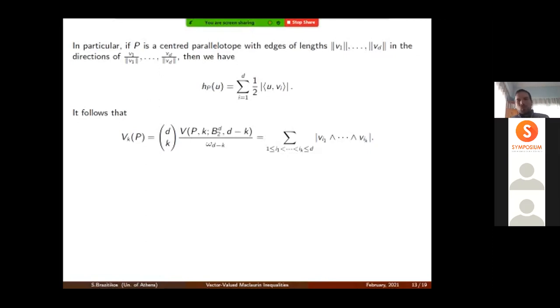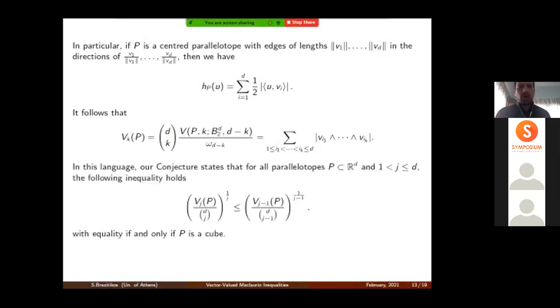So we can rewrite now our conjecture as follows. In this language, our conjecture is an inequality for intrinsic volumes of parallelotopes.